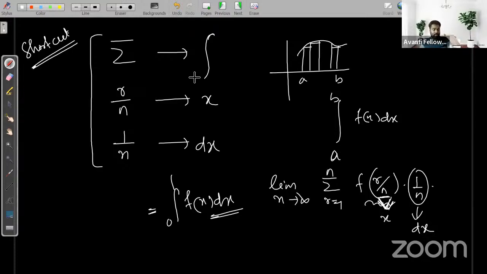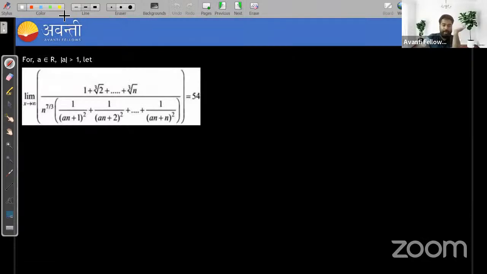Clear? So let's solve one question on limit of sum. Let's say a question came in 2019 JEE, IIT JEE. It was a very good question. How can we solve this?